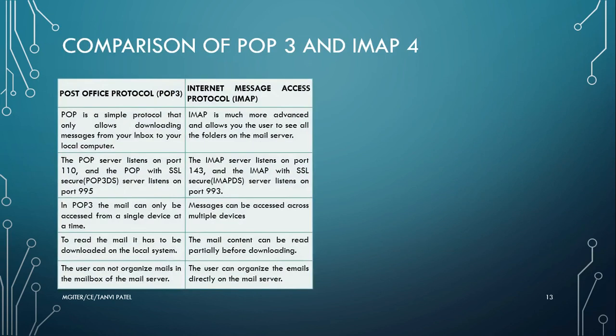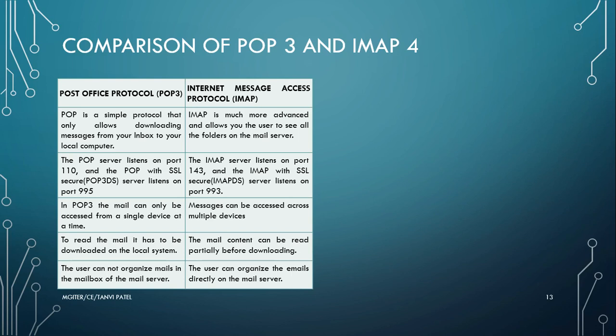Now, comparison of POP3 and IMAP4. POP is a simple protocol that only allows downloading messages from your inbox to your local computer, while IMAP4 is much more advanced and allows the user to see all the folders on the mail server.